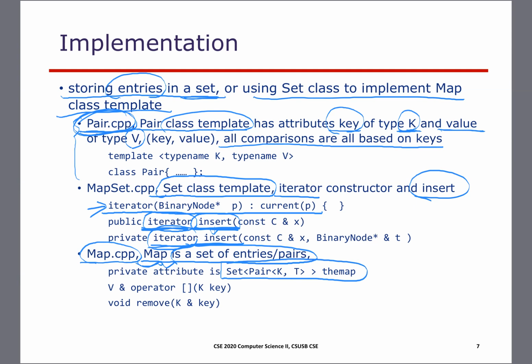The private attribute is the map. The map is a set of pairs. The key type is K, and the value type is V. And we implement the index operator in the map class template. We also implement the remove member function in the map class template.